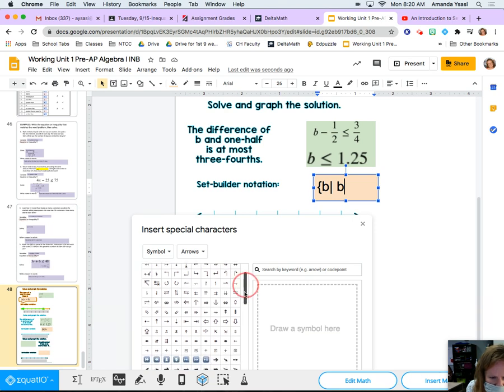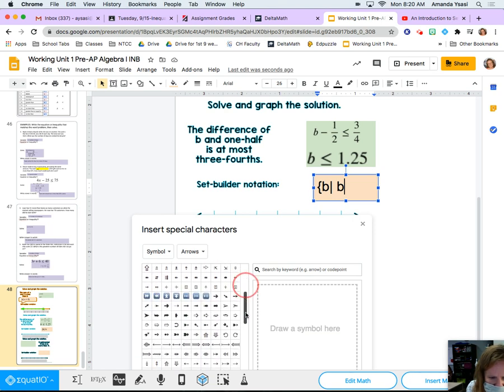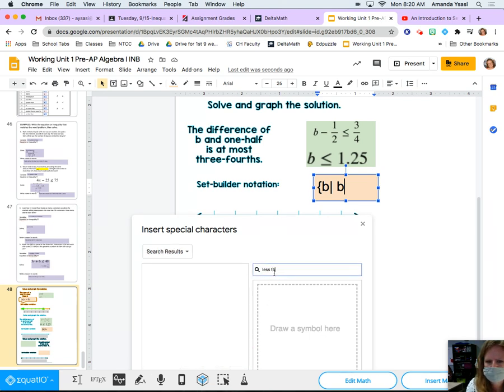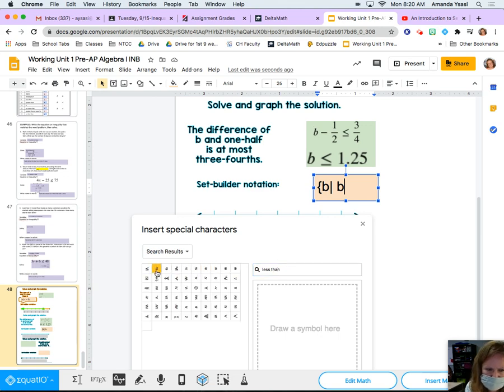Is there a less than or equal to sign here? Y'all see where I got that?